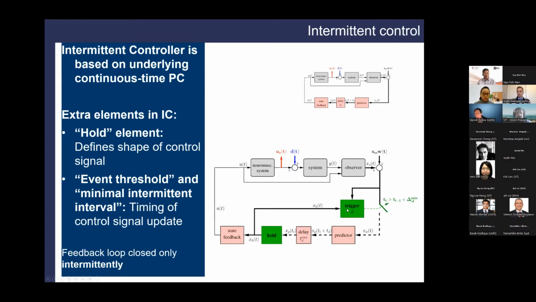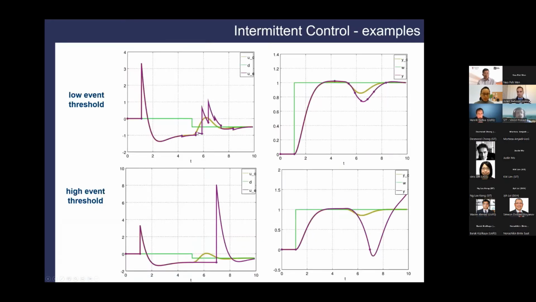And I want to just briefly show you what this looks like. The yellow line here is a continuous control signal. That's a control input, that's a control output. The more reddish line is the intermittent controller, and the dots indicate when feedback is used.